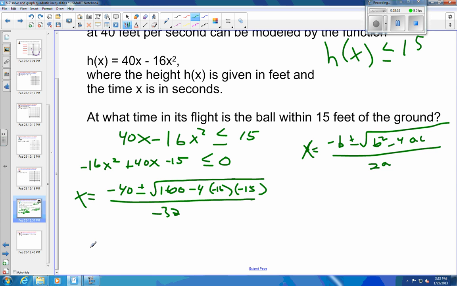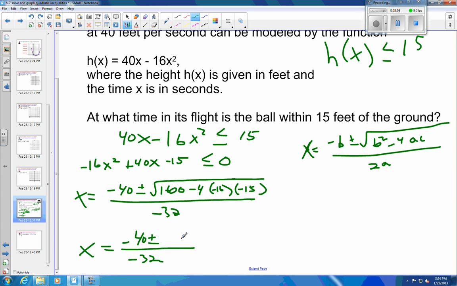So then grab your calculator, and let's go to town and figure it out. I'm just going to do my discriminant first. So x is going to be equal to negative 40 plus or minus, and I'm going to leave the negative 32 down here, and I'm going to get my decimal approximation here. So plug that into the calculator.